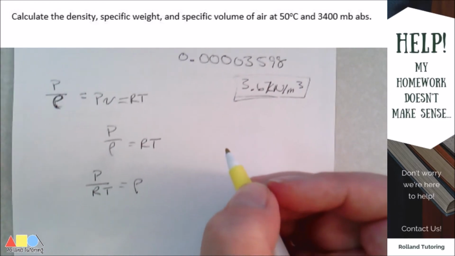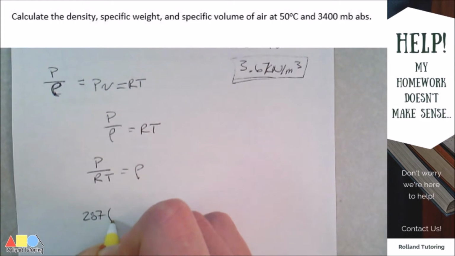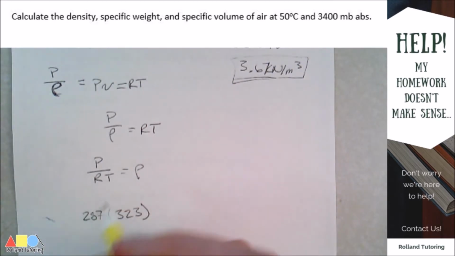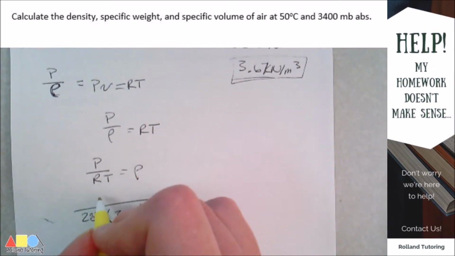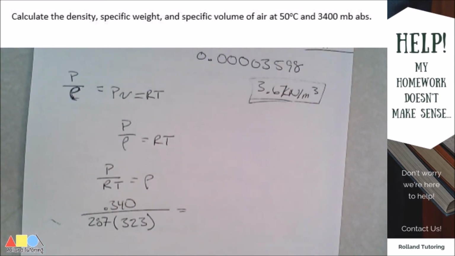And once we put that in, we know our R is 287 times our 50 plus 273, which should give us 323. And our pressure is back to that 0.340. We plug all of that in.